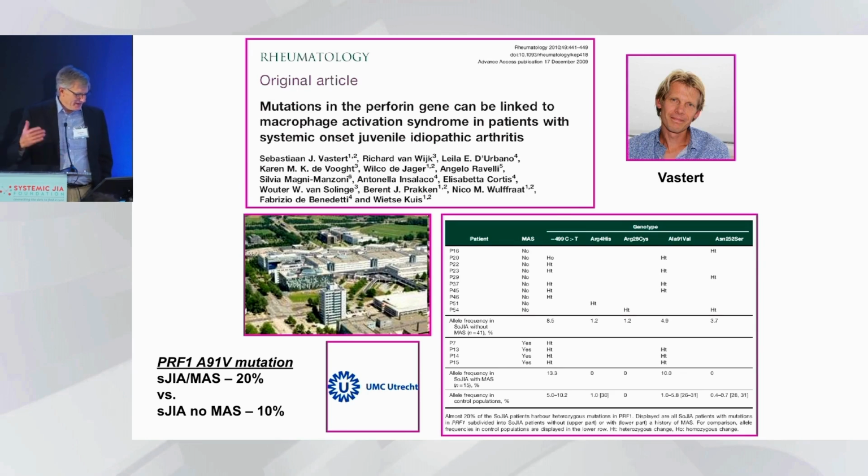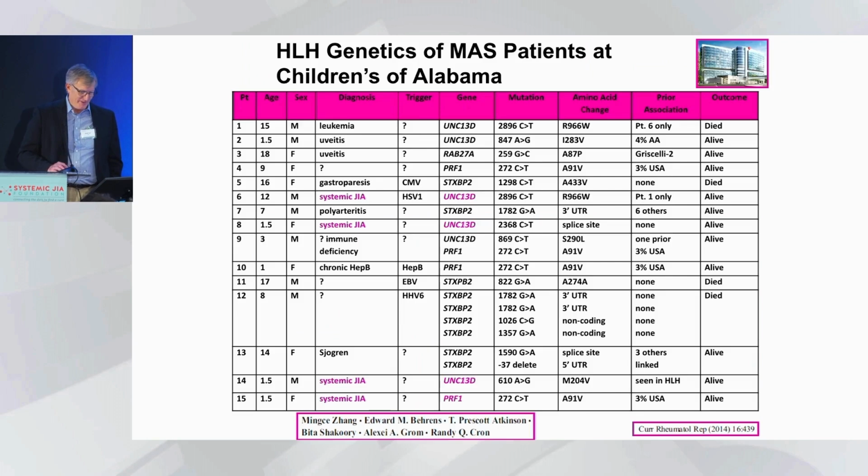They showed that in their cohort of children with systemic JIA who developed MAS, 20% had this one mutation, compared to 10% of the kids with systemic JIA who didn't have MAS. Even if you have one bad copy, it suggests that these genes may contribute to the risk of developing MAS.